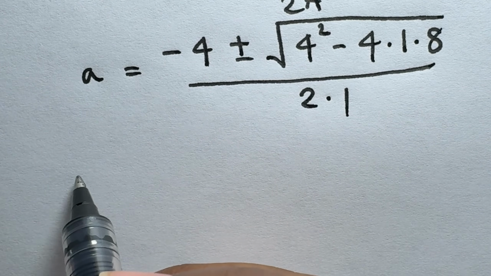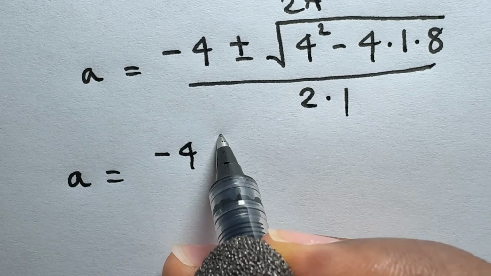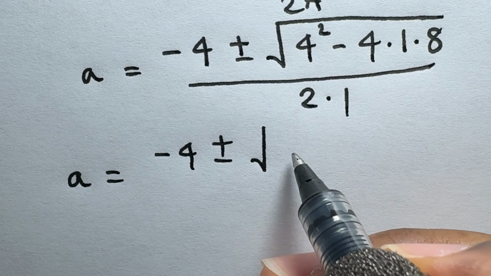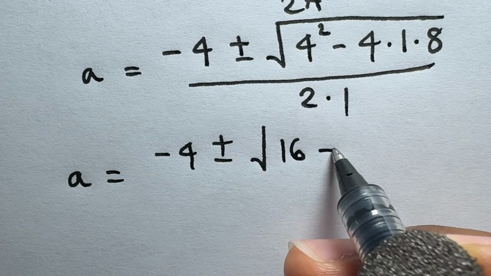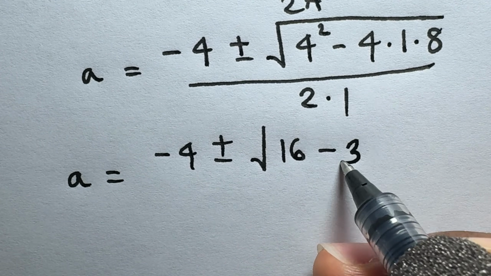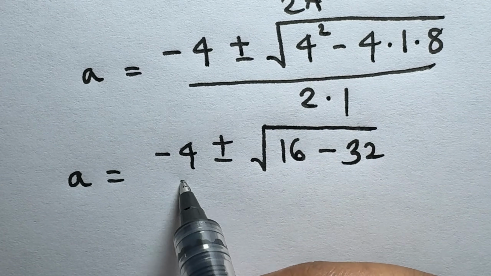This gives us a is equal to negative 4 plus or minus the square root of 16 minus 4 times 1, which is 4, 4 times 8, 32, then divided by 2.